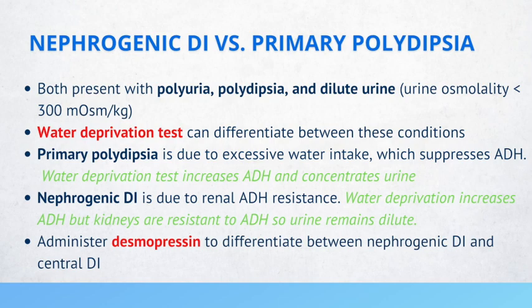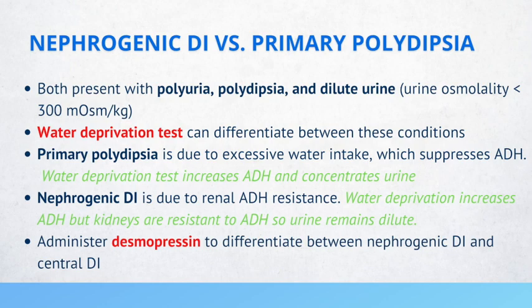And this excessive water intake causes dilute urine, polydipsia, polyuria, and what's happening is that the ADH is suppressed. So when the ADH is suppressed, we're not able to concentrate urine. But once you do the water deprivation test, the ADH then increases, and of course, the urine concentrates.